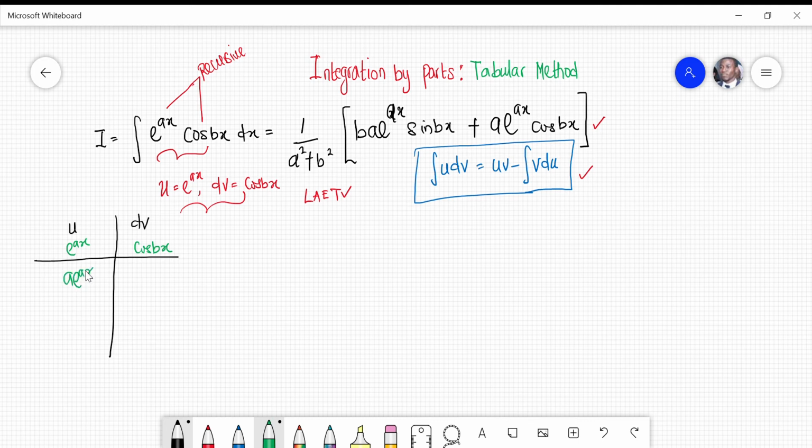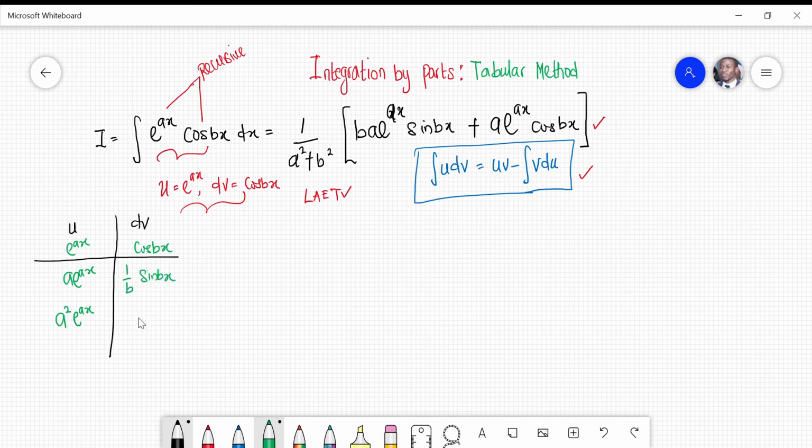this, right? Differentiating again, we're going to have a squared e to the power ax. If you keep differentiating, it just keeps going that way, you keep having your a increasing. Let's integrate the dv as well. So we're going to have 1 over b sine bx, right?